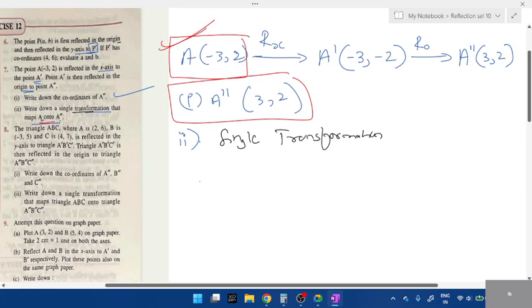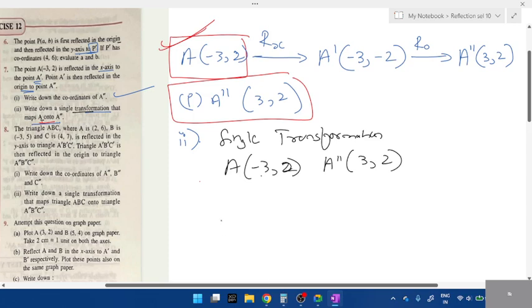From A to A double dash. Let me take A value minus 3 comma 2. And what is A double dash? 3 comma 2. Now just go in reverse order. If you compare both, which values change? X or Y? I want all to remember. Answer. X is changed, right?